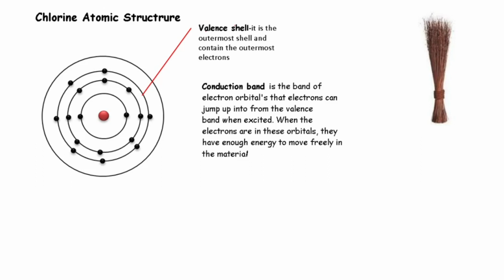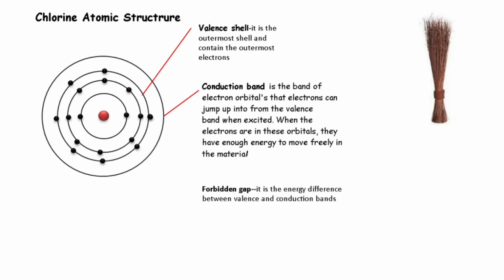Also, for an electron to jump, since the valence band or valence shell and the conduction band are different, there is a requirement it must satisfy to jump into the conduction band. That is the forbidden gap. For this electron to jump, it needs an energy gap, an electron volt energy gap, to satisfy.